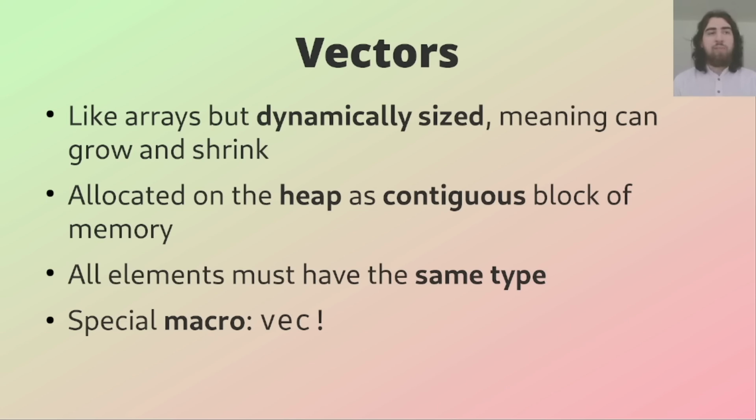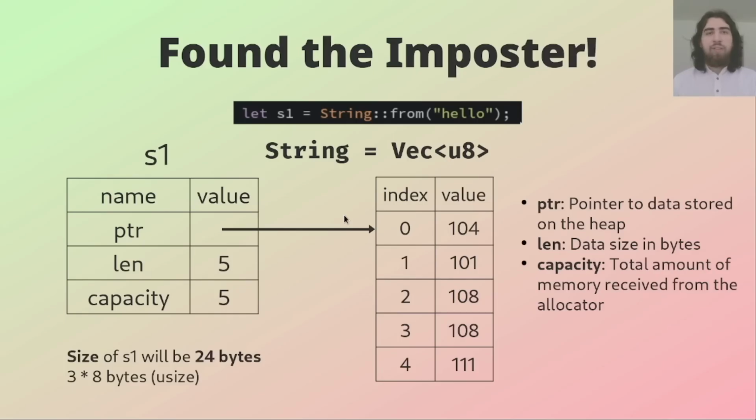And there is a special macro, vec!, which you can use to initialize a new vector. So all this time we've been dealing with an imposter. In actuality, this String type is just a vector of UTF-8 bytes that gets allocated in heap memory.